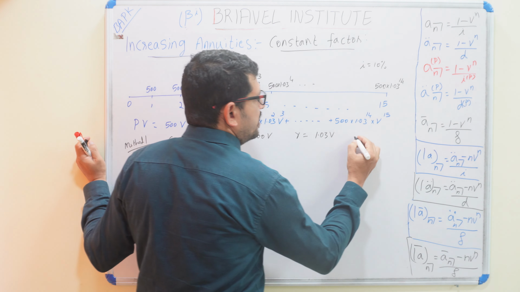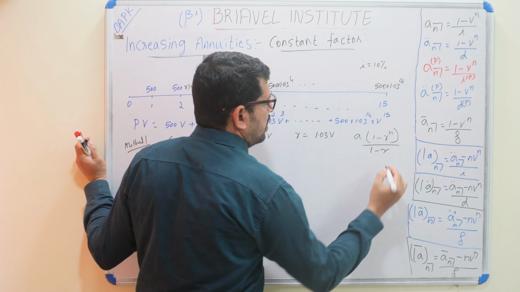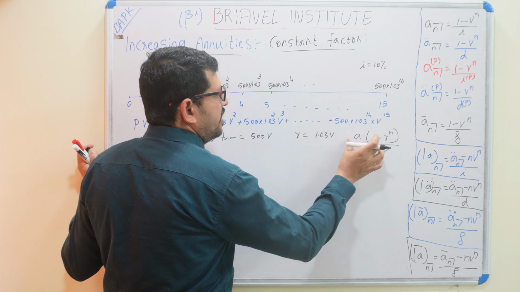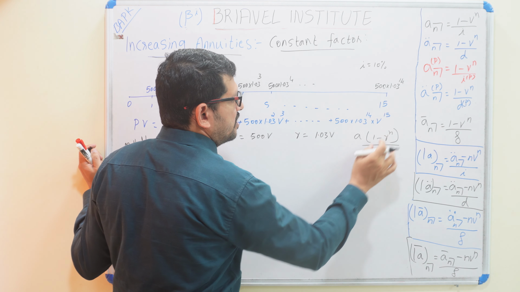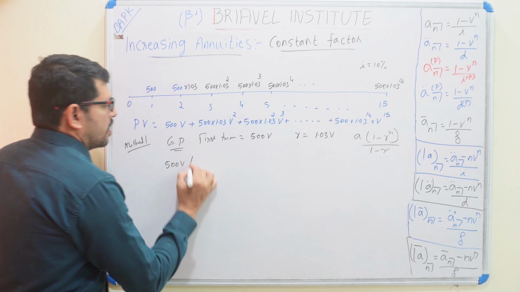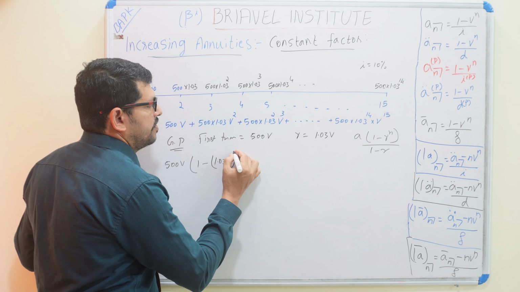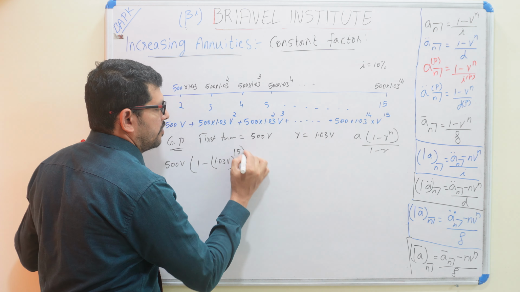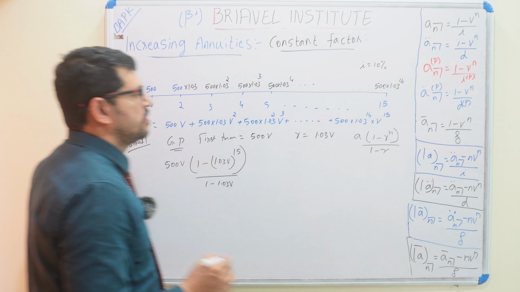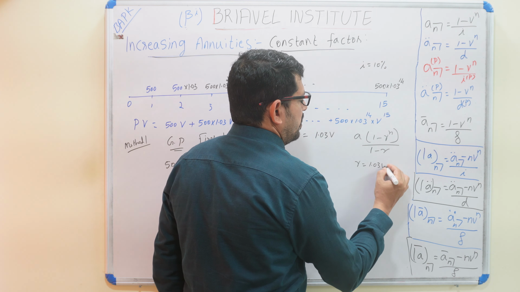So for GP, we know the sum. We can find it as A, the first term, times 1 minus R raised to n, whole divided by 1 minus R. Same way we can write it as 500 V times 1 minus 1.03 V, all raised to n, it is 15 years, whole divided by 1 minus 1.03 V. So R is equal to 1.03 V. What is V?